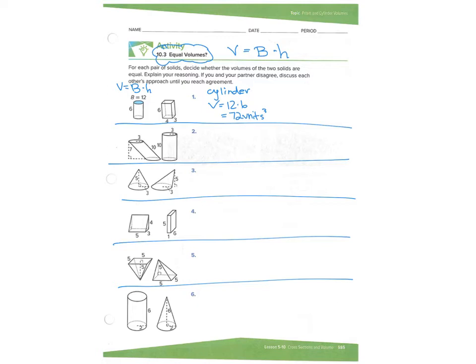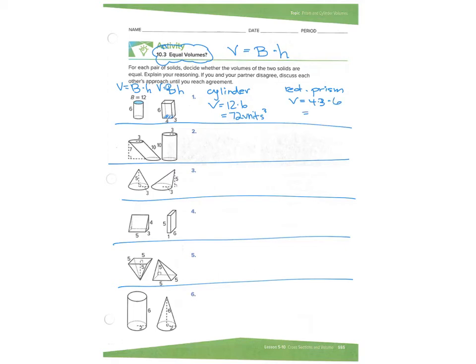So let's take a look at my second figure, the rectangular prism. Again, remember the volume is the base area times the height. The base area in this case is a rectangle, and it's 4 by 3. So my volume of the rectangular prism that you see here is going to be my base area, 4 times 3, times the height of my prism, which is 6.